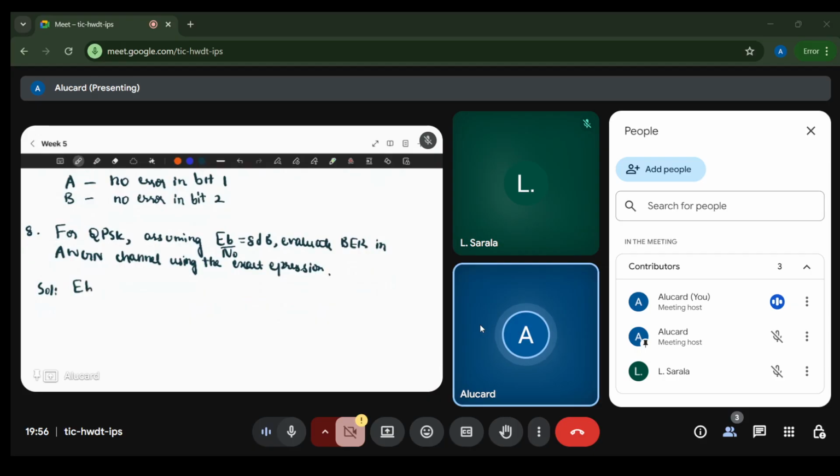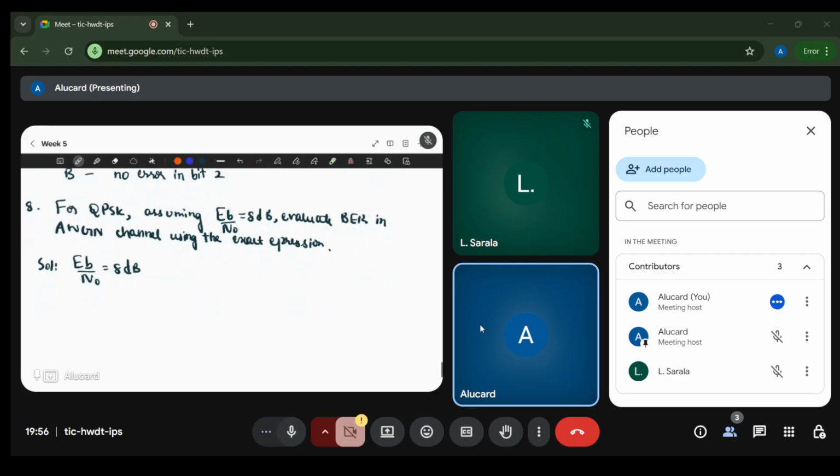So EB over N naught has been given in dB. And to find the exact BER, we need to know EB over N naught in normal ratio terms. So 10 log EB over N naught is 8. EB over N naught is 10 power 8 over 10 in a normal scale.